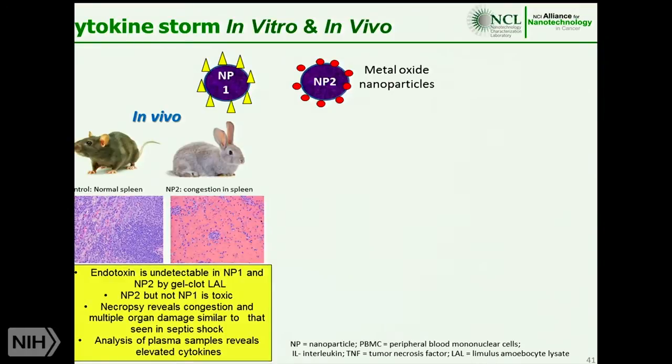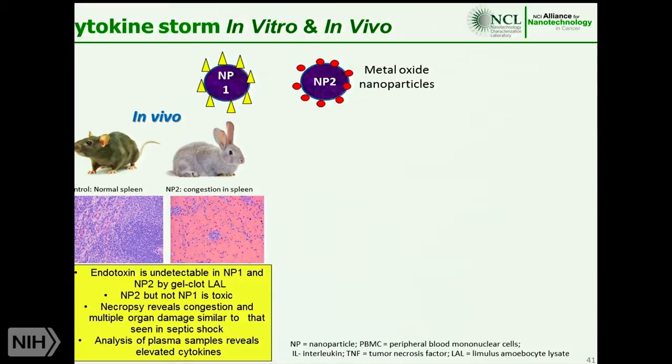And just for the purpose of this presentation, I named them nanoparticle formulation 1 and nanoparticle formulation 2. These particles were studied in preclinical studies in vivo, in rodents, and in rats and in rabbits. Endotoxin was undetectable in both formulations by gel clot LAL, and formulation 2, but not formulation 1, was toxic.